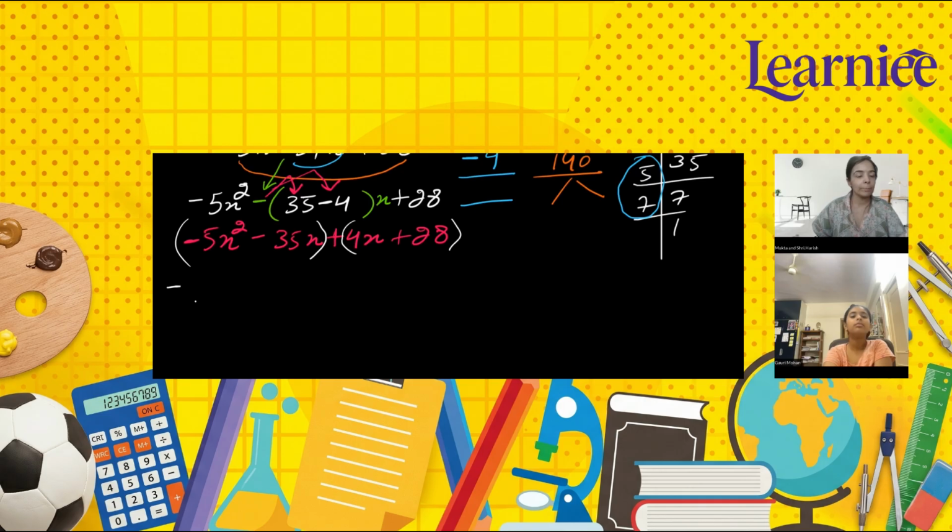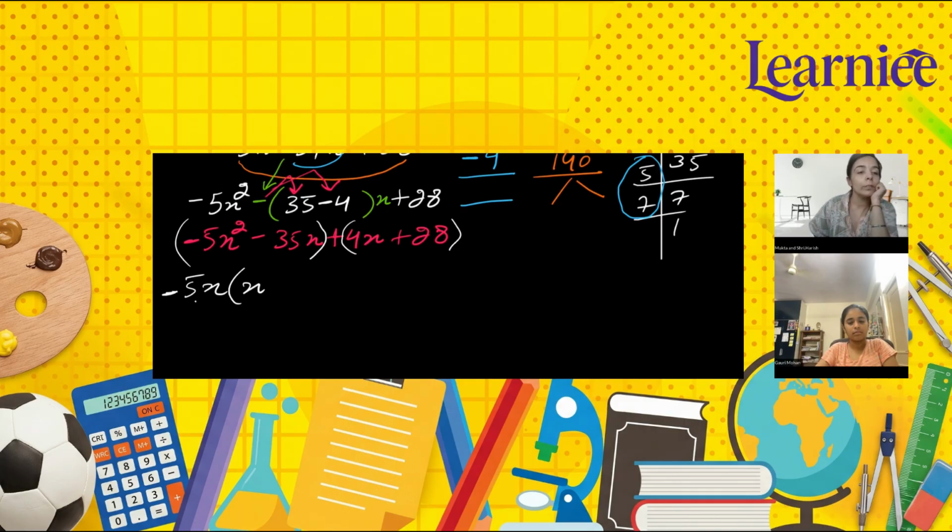Both the values have a negative sign, so we can take minus common. And in the table of 5, both 5x and 35x come, so 5 and x here and x, so x we are left with.